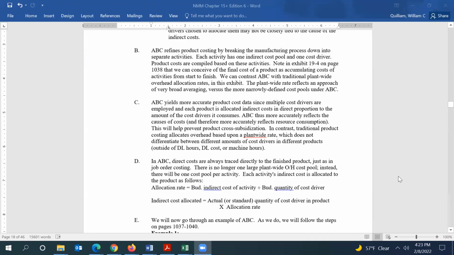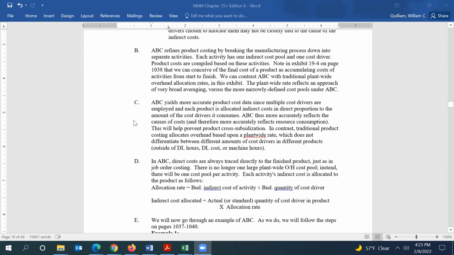Okay. Now let me come back. Well, here in C, ABC yields more accurate product cost data, since multiple cost drivers are employed and each product is allocated indirect costs in direct proportion to the amount of the cost drivers it consumes.